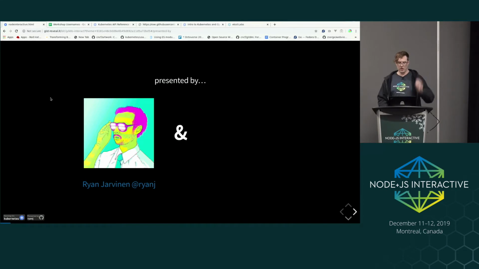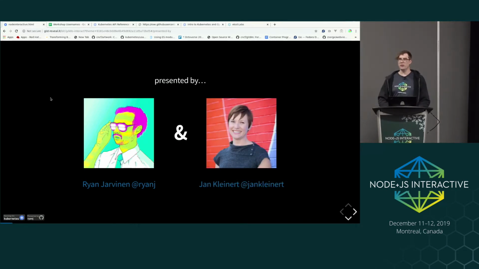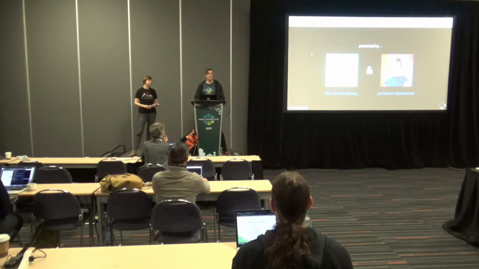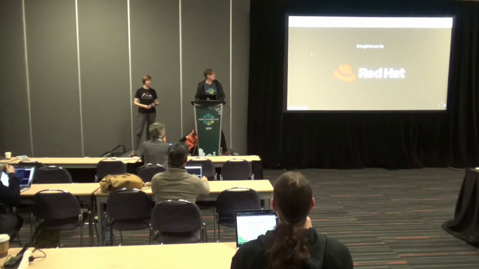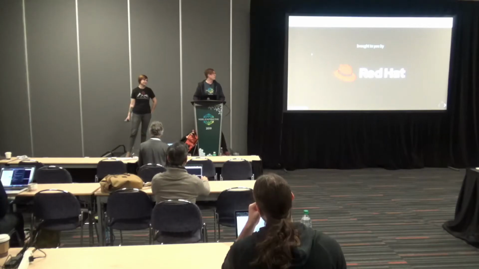So, Ryan and Jan Kleinert here. We are both developer advocates in Red Hat's OpenShift team. OpenShift is kind of Red Hat's distribution around Kubernetes. You have probably heard of Red Hat before as far as Red Hat Linux or many of the other Linux distros we maintain, CentOS Linux, Fedora Linux, CoreOS Linux is one of them.